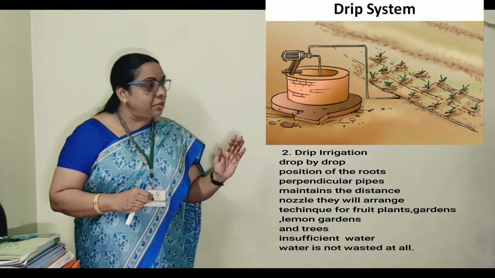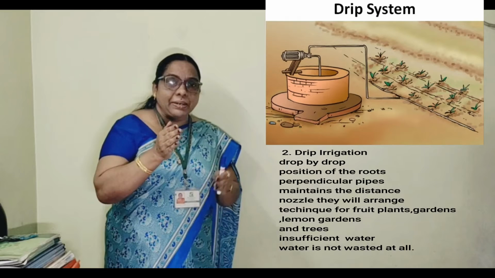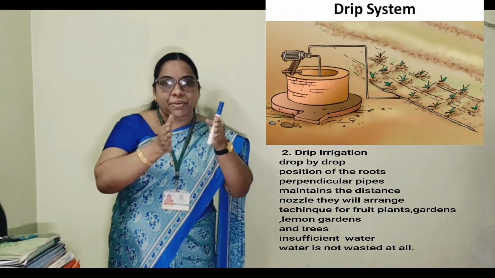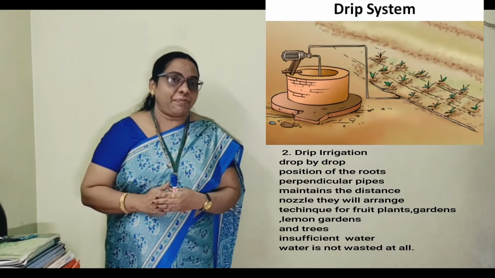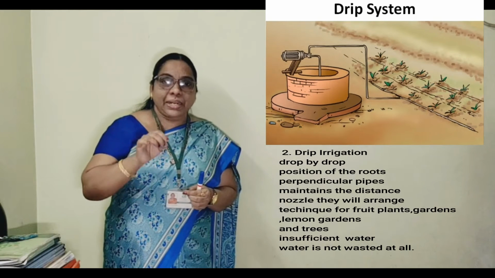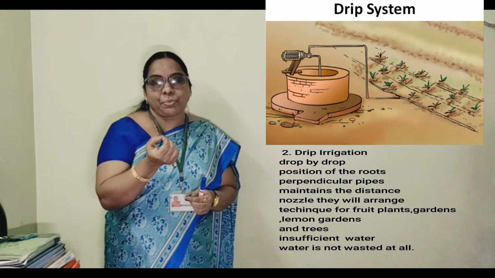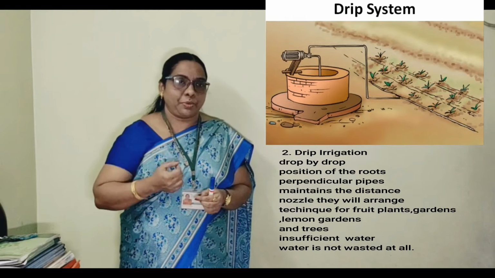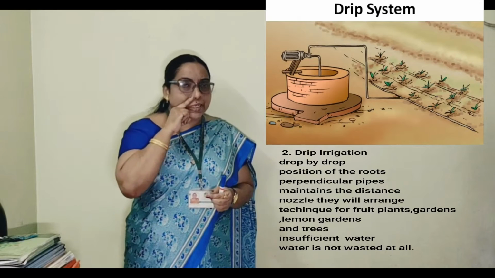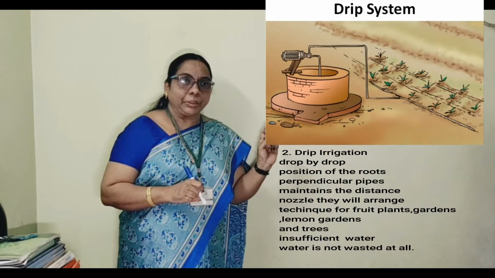Here also they arrange perpendicular pipes, and they follow a set distance from each plant. They arrange a small nozzle and set that nozzle so the water comes out drop-wise. Look at this picture.